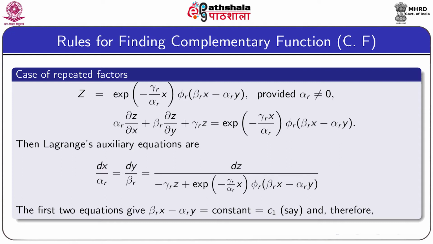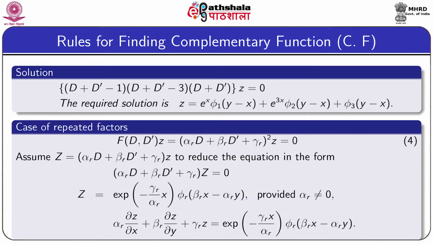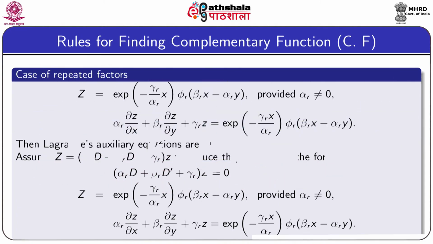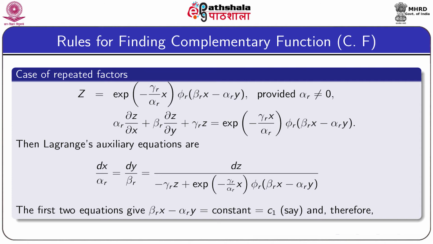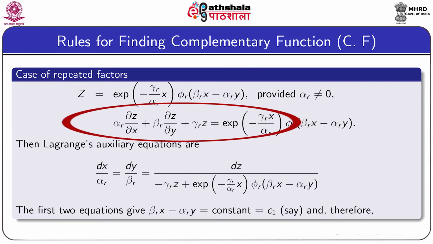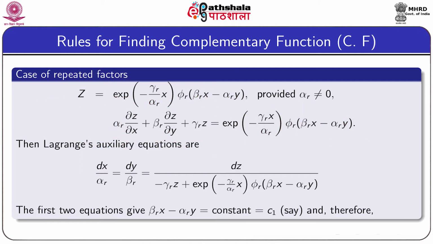Now, capital Z we have assumed as (alpha r D plus beta r D dashed plus gamma r) into z. So, putting this value of capital Z, we obtain the equation alpha r del z by del x plus beta r del z by del y plus gamma r z equals some function of x and y, written on the right side.